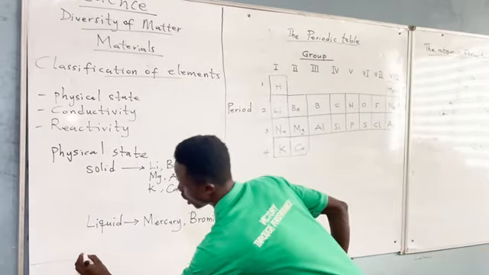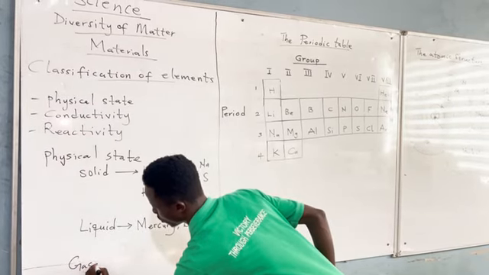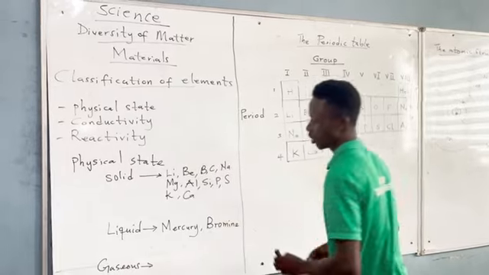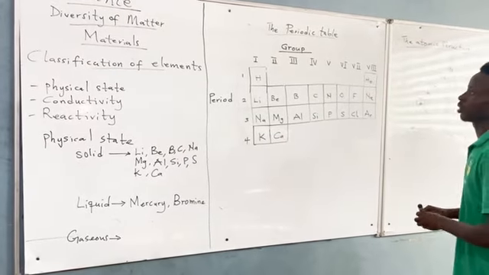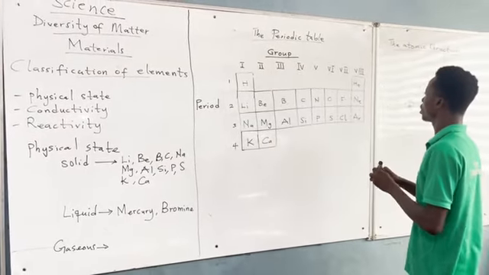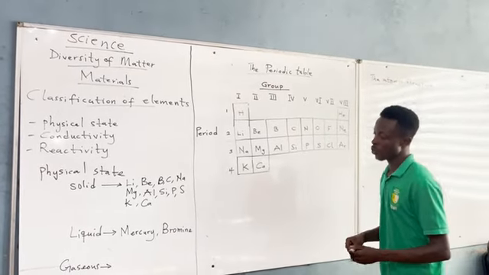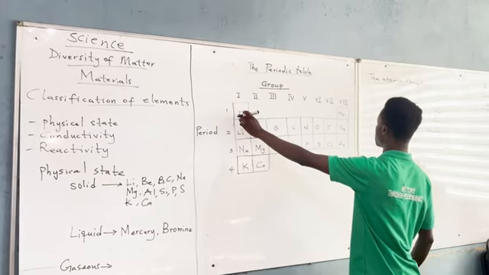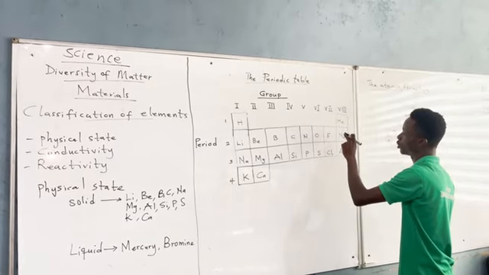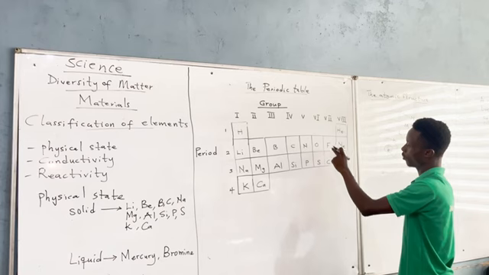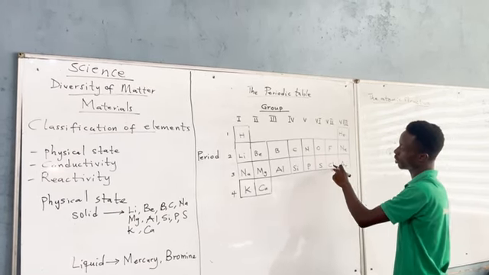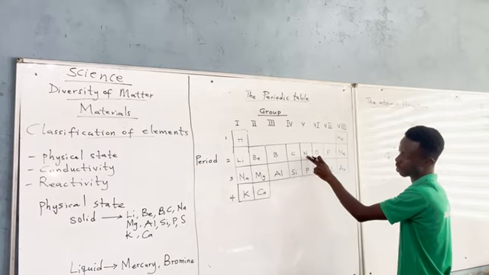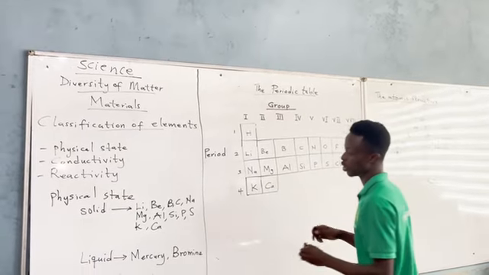Then we have gaseous elements. That's hydrogen, helium, neon, argon, fluorine, chlorine, oxygen, and nitrogen. So these are the gaseous elements.